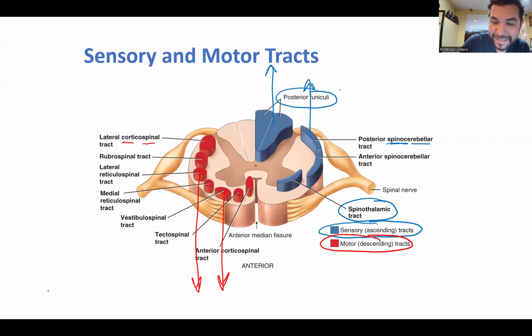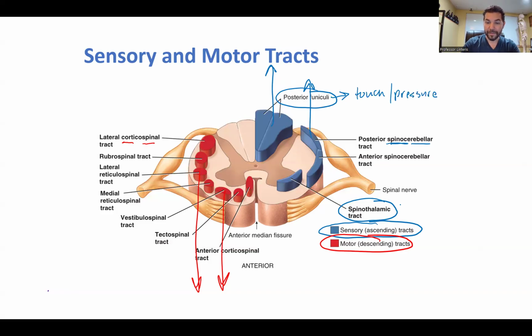This posterior funiculus carries messages for pressure, right? So I'm not getting into receptors, but light touch, pressure, things like that. Let's just put touch, pressure.